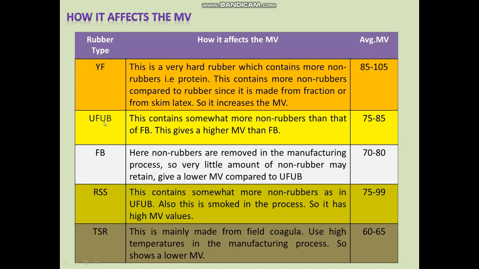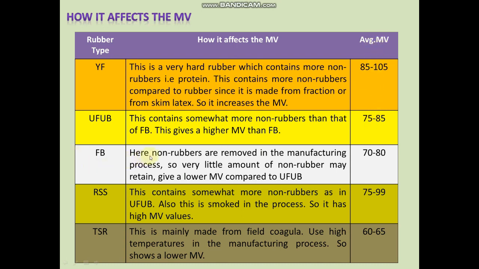Then we'll go to the unfractioned unbleached crepe rubber. This contains somewhat more non-rubbers, but compared to the yellow fraction this can be lower. In comparison to fraction bleached crepe rubber, the unfractioned unbleached crepe rubber has somewhat higher Mooney viscosity. You can see the average range of UB's Mooney viscosity.